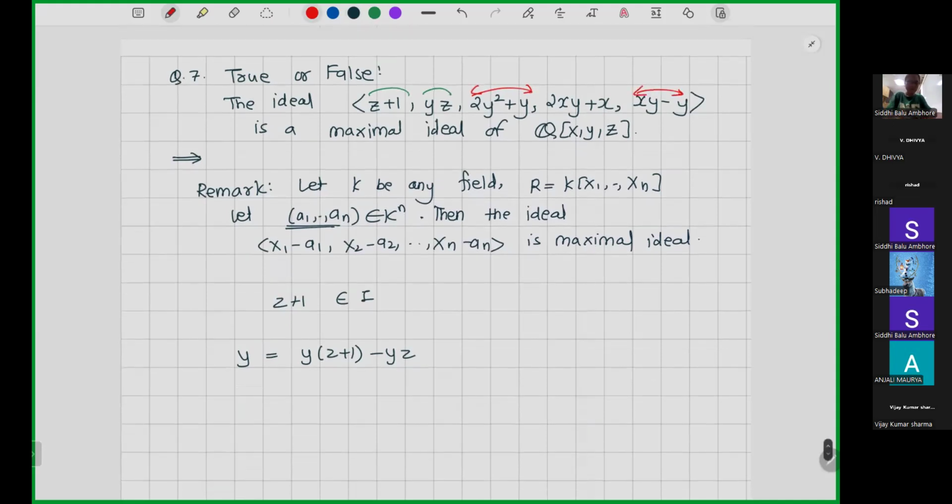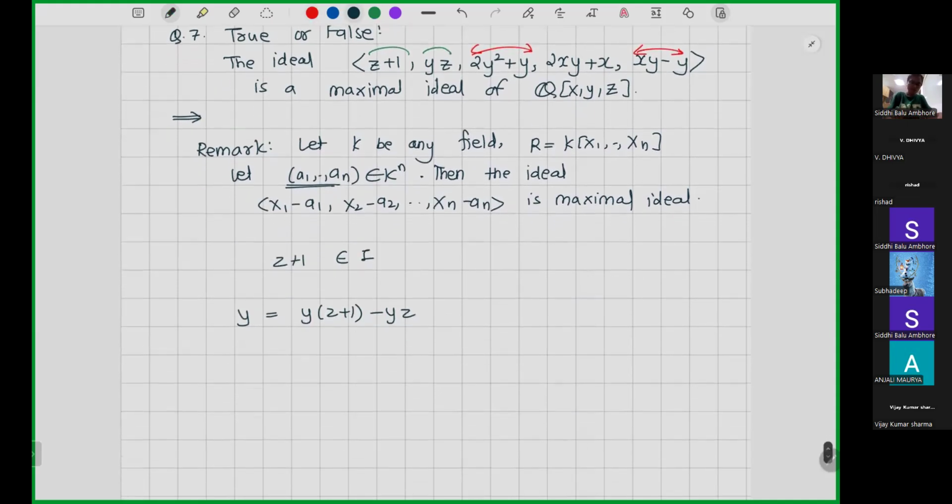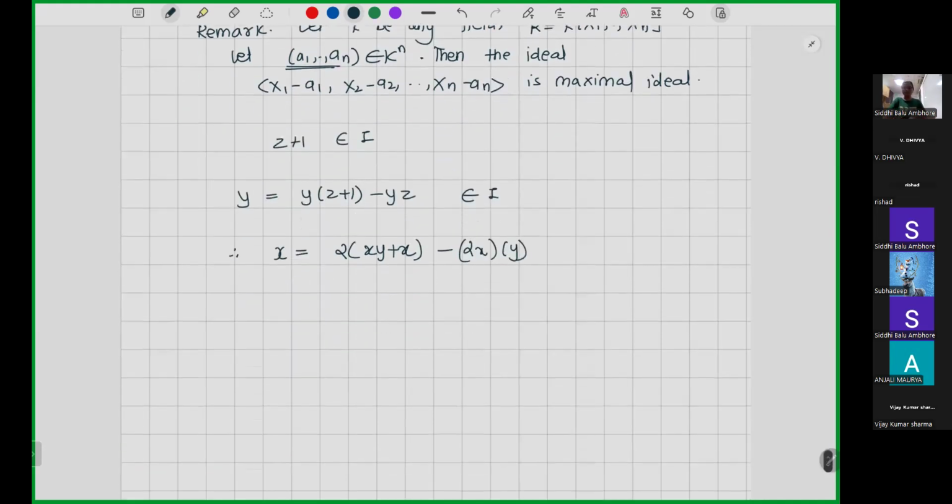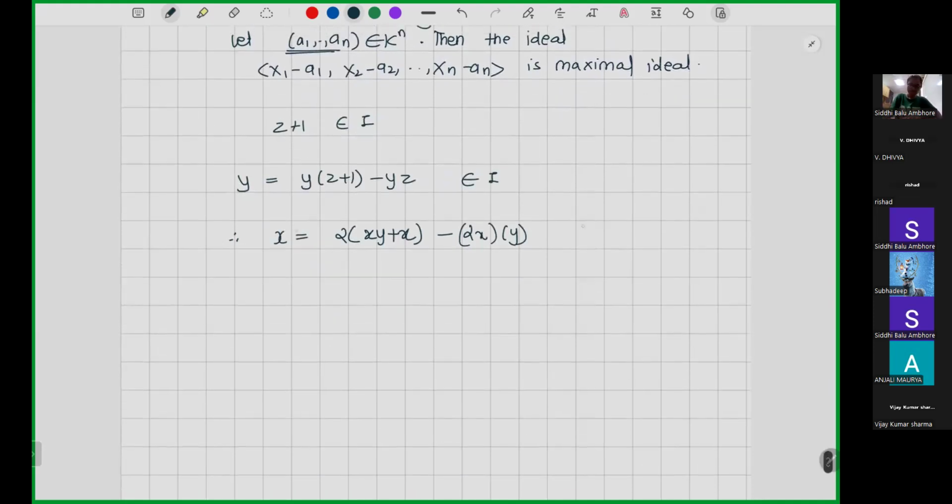I have y in this ideal, so y belongs to I, therefore 2xy plus x. So x will be this 2 into xy plus x minus this 2x into y, since now y belongs to my ideal I.